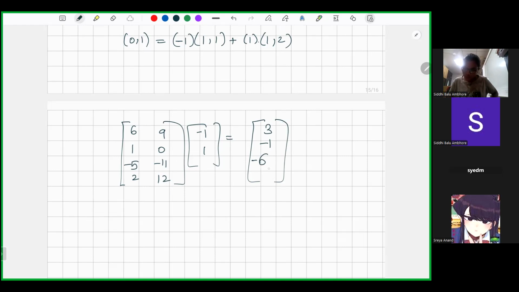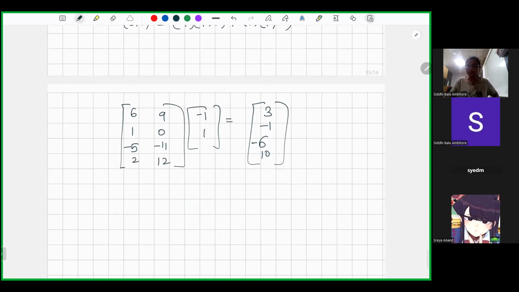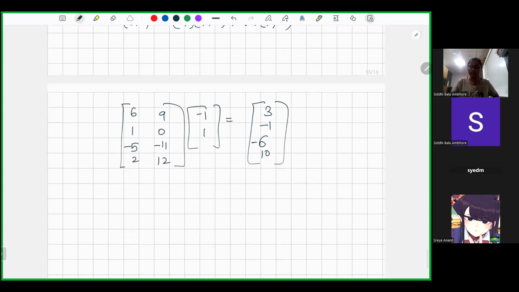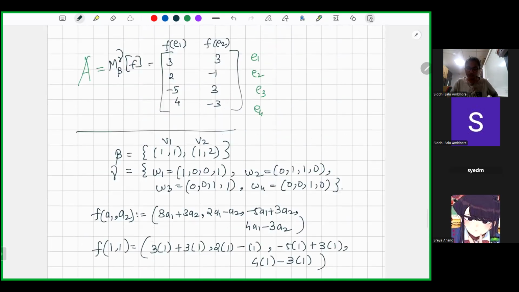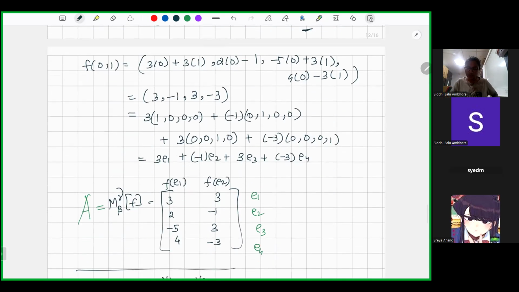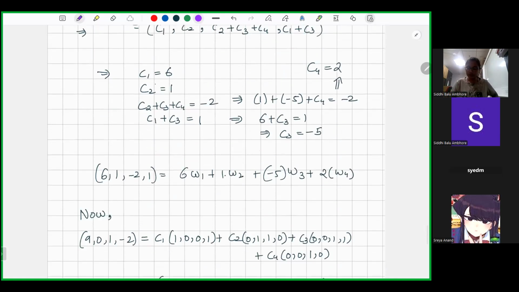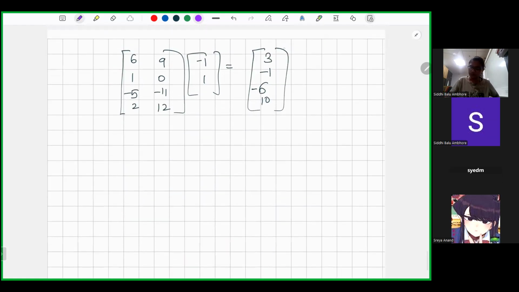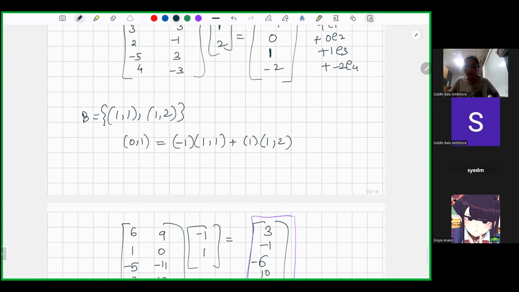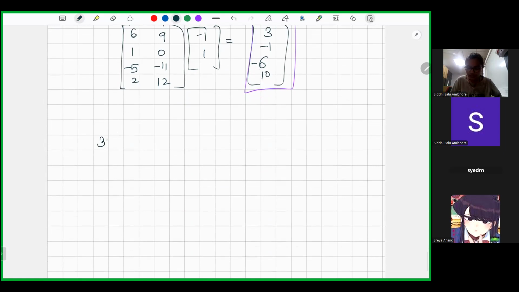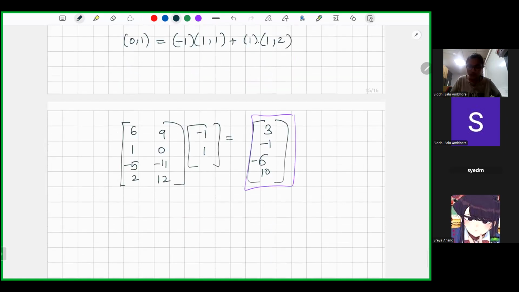Minus 2 plus 12. And this looks like 3, minus 1, minus 6, 10. And what is the image of F01? It is this. What we got here is different, but what this means is that we are still yet to obtain the actual image. This is 3W1, so the image of this 1 0 will be 3W1.